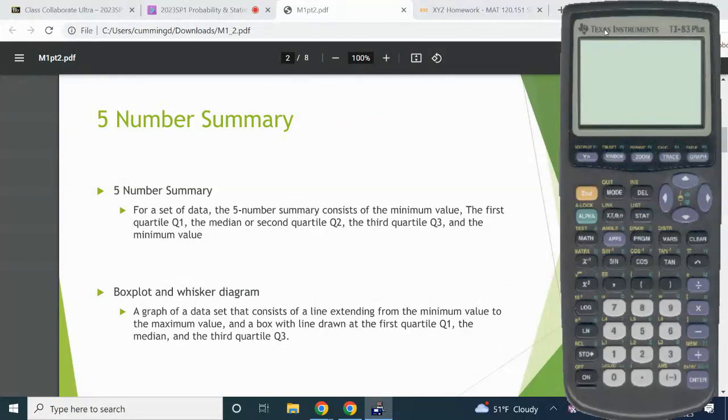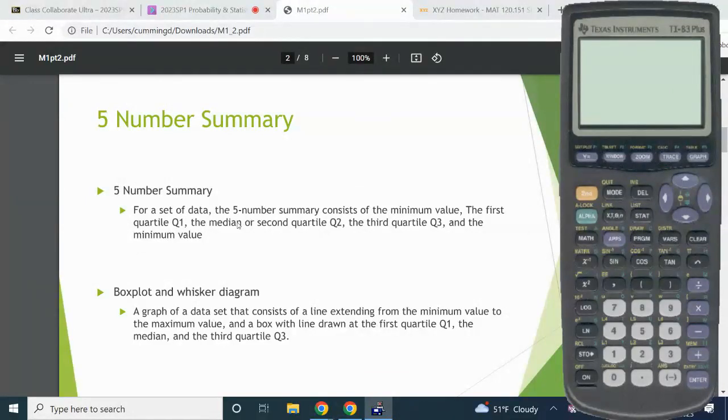The five number summary consists of what's called the minimum and the maximum value. So this is supposed to be the minimum value, and that's supposed to be the maximum value. That's the smallest number and the largest number in the data set.